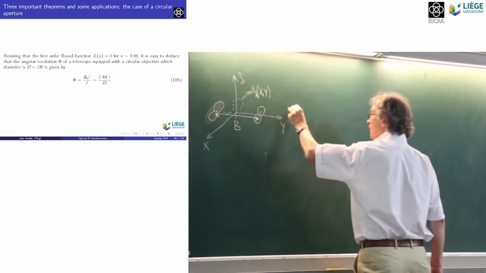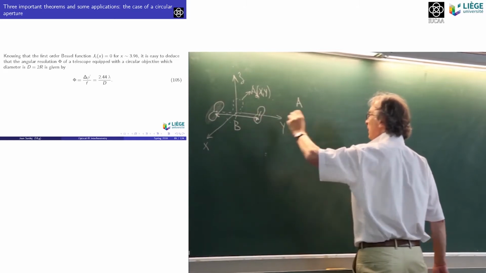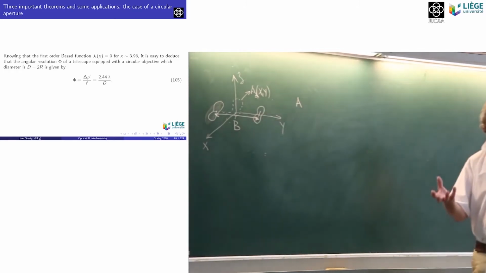And now I would like to write the distribution of complex amplitude in the pupil plane, which is composed of two apertures.